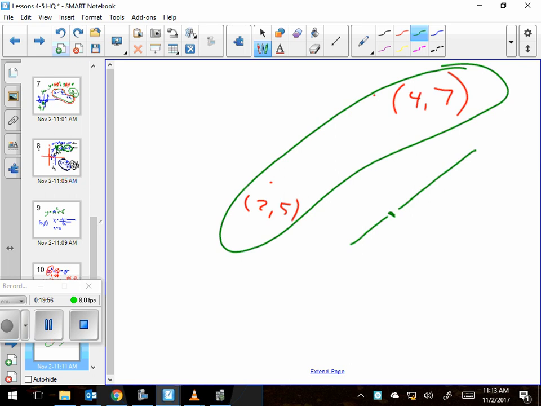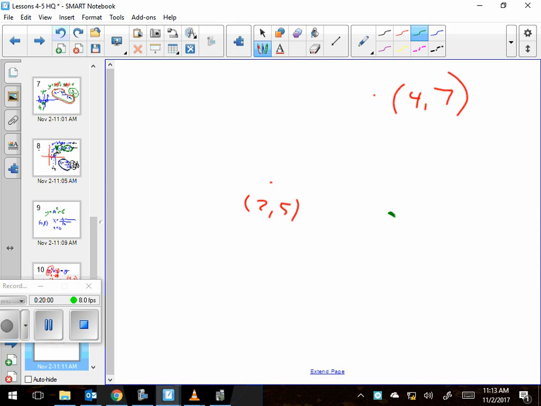What if you want it perpendicular? That's the opposite, but not just the opposite. Opposite reciprocal. All right. So I'd like you to very quickly figure out the equation for a line going through the point (1, 6) and being perpendicular to this line.